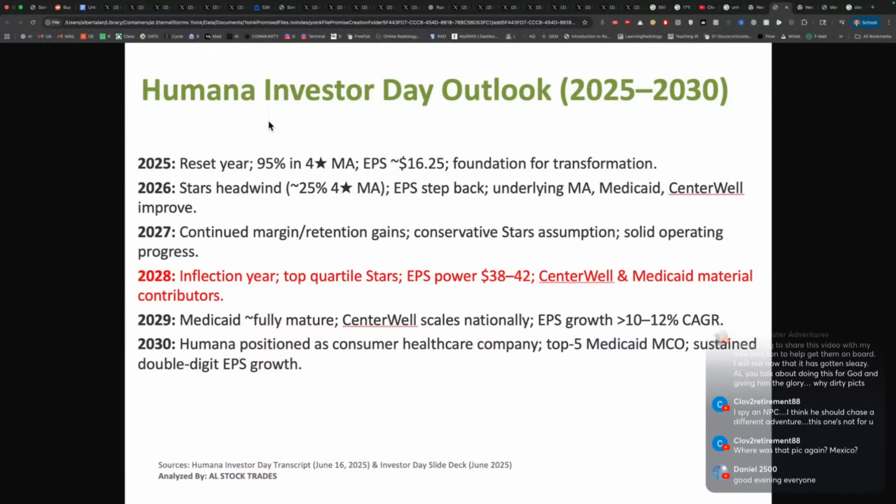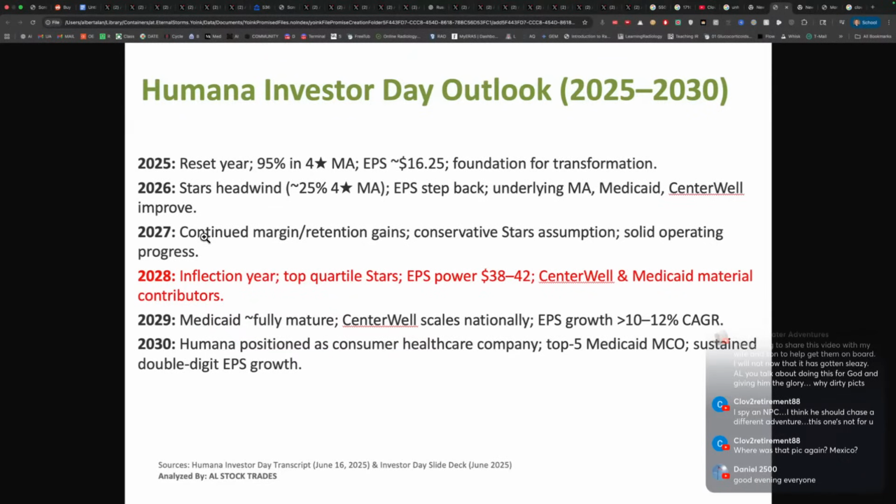Now, Humana Investor Day, they kind of outlined a path. 2025 is a reset year for them, right? Earnings per share is $16 and some change. They got headwinds in 2026.